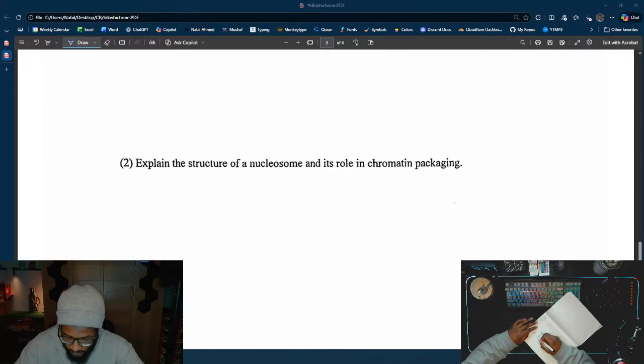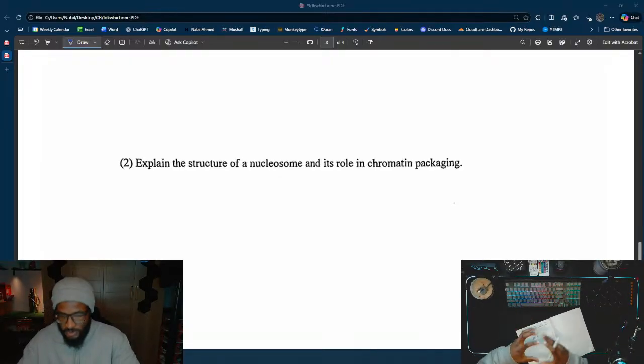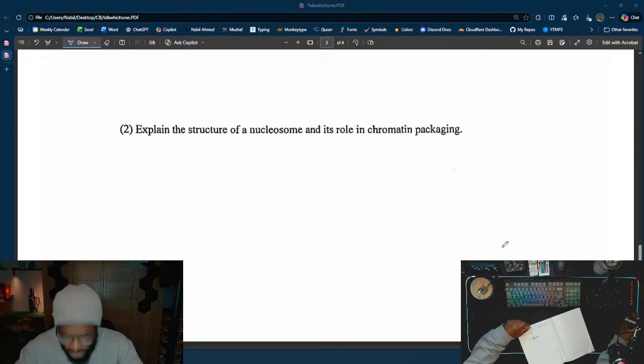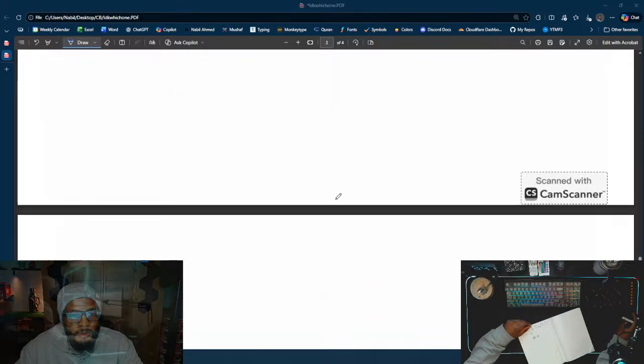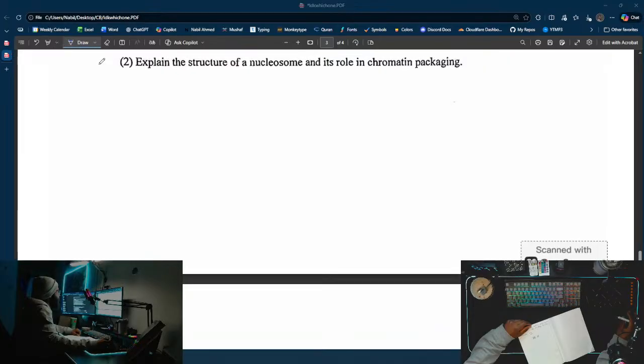The DNA wraps around this core made out of 8 subunits, making a nucleosome, and it has 146 base pairs.